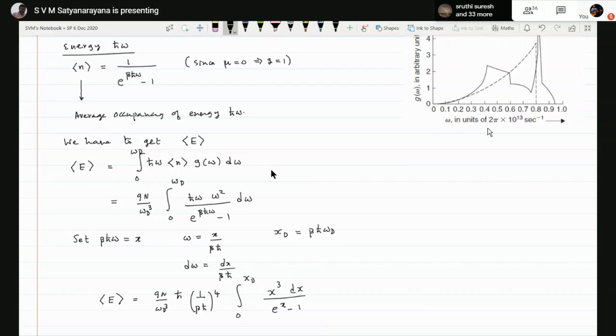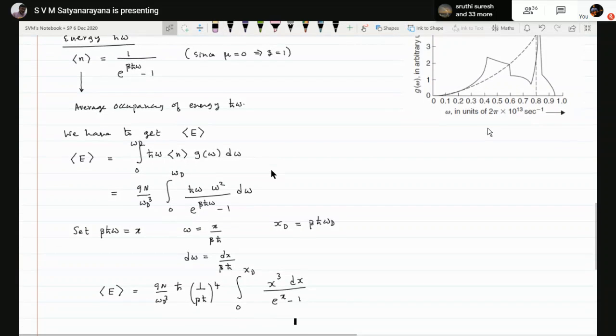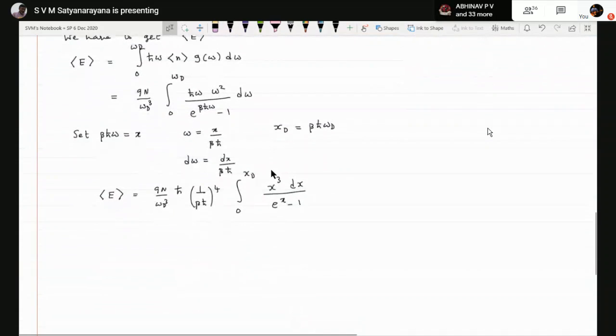This is to some extent the expression, but remember that this xd, which is the upper limit of this integral, has got this beta, which is 1 by kBT.